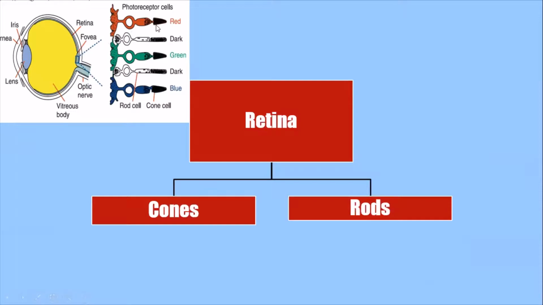Cones are red, green and blue. These primary colors help us differentiate about 10 million colors. And the rods help us to see in the dark, as they differentiate between shades of grey.